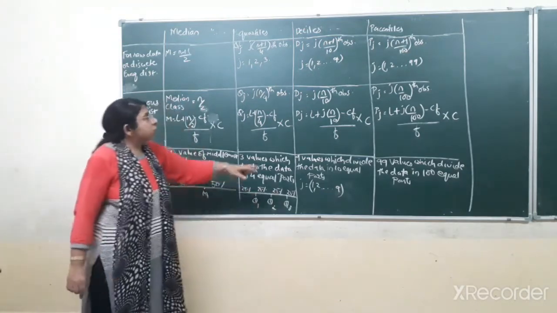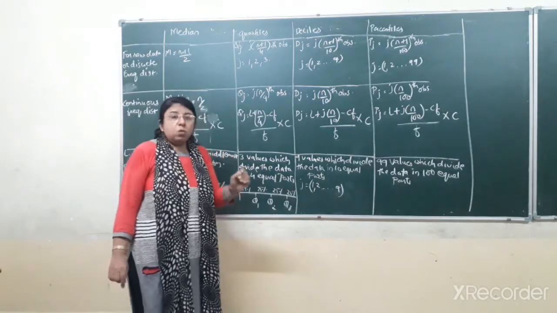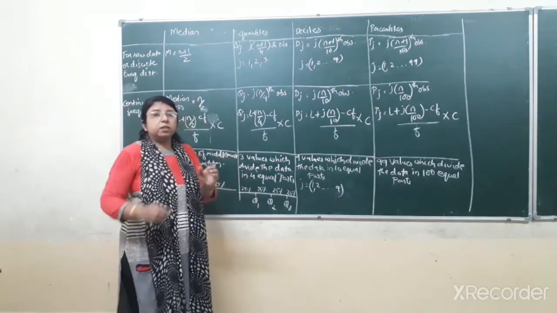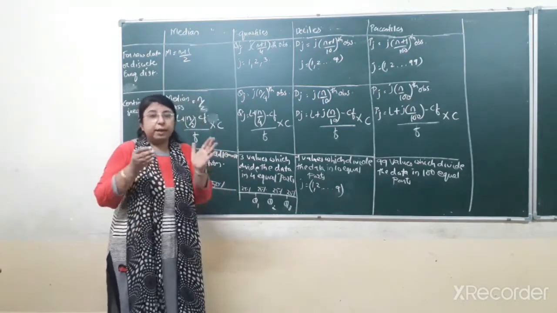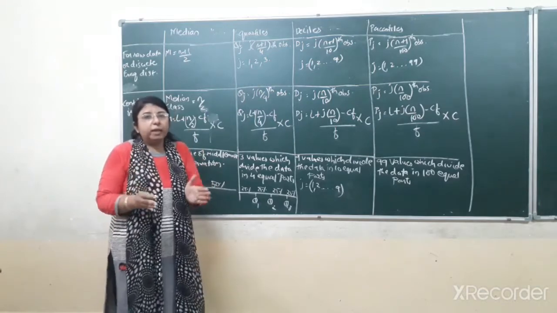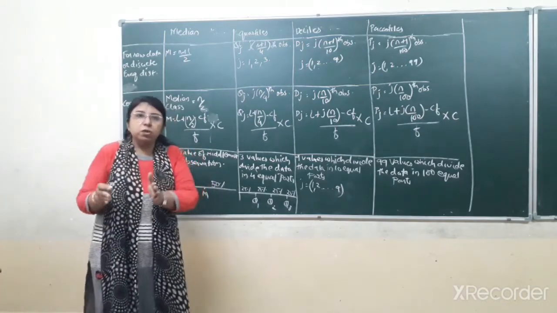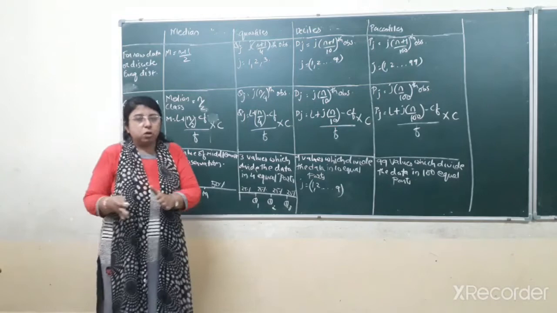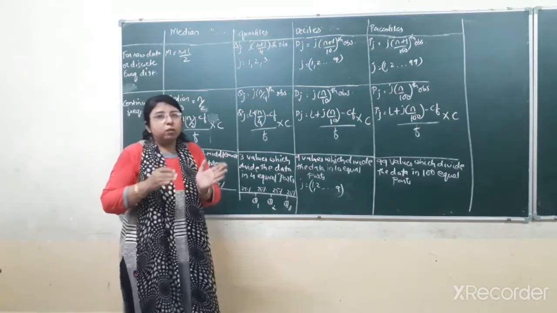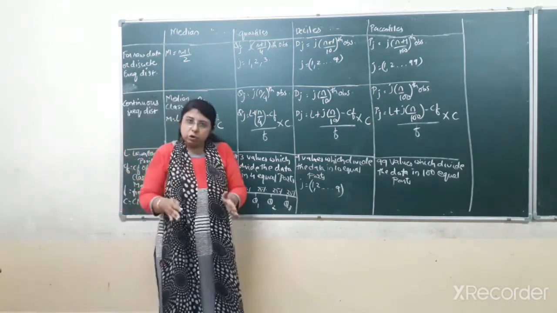Next one that comes is deciles. Deciles divide the data into 10 equal parts. There are 9 values which divide the entire observation into 10 equal parts. Over here also, first of all, the values have to be arranged in ascending or descending order.